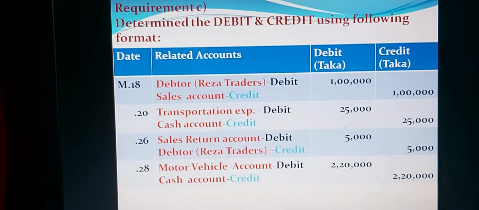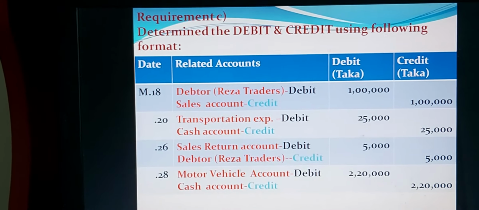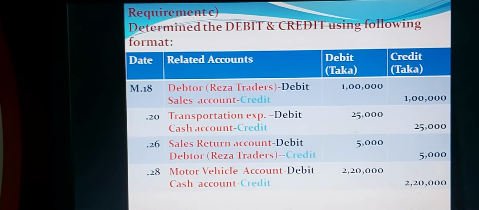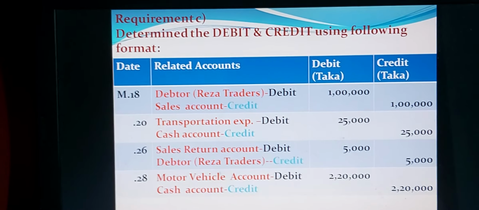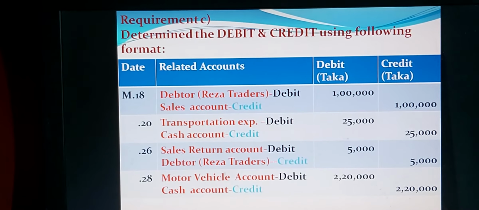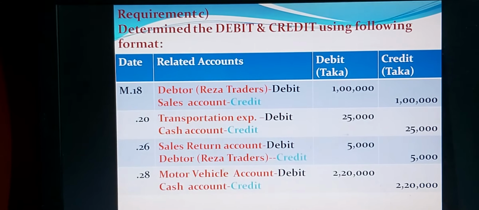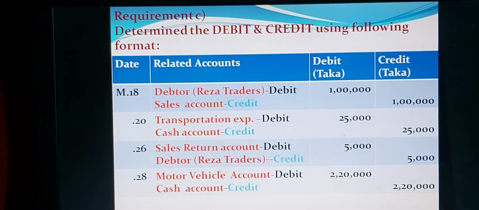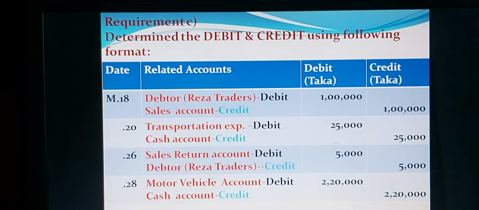But sold to Reza traders, no information is given about cash or by check. Only Reza traders. You have to know when sold to any customer, then it is treated as on credit or on account transaction.